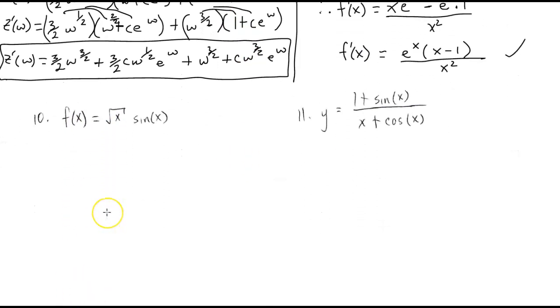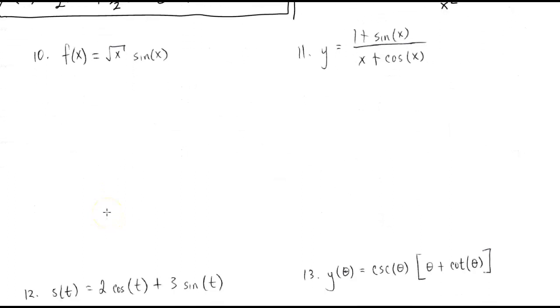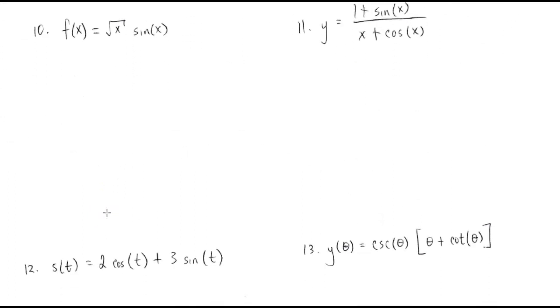All right, so let's look at our next 2 examples here. So again, we have situations where we need to use the product rule for number 10. And for this one, you would only want to use the quotient rule for this one, okay, for number 11. So let's focus on number 10 first.